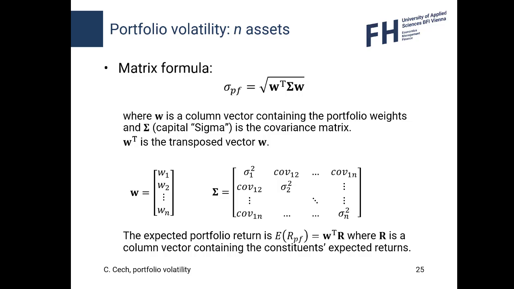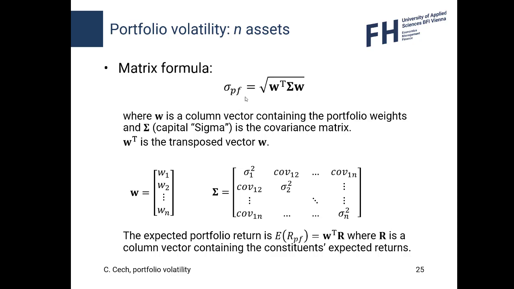Having mentioned matrix algebra, I shortly and without going into too much detail want to present to you also the matrix formula for calculating portfolio volatility. You can find it here.